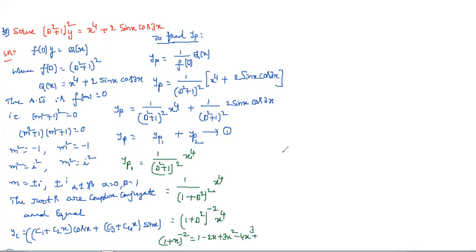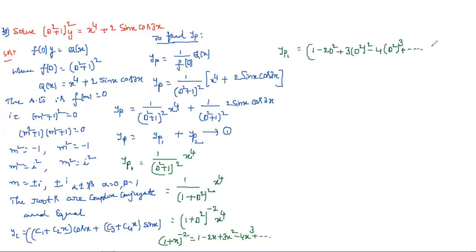In the same way, yp1 is equal to 1 minus 2 into D square, plus 3 into (D square) whole square, next minus 4 into (D square) whole cube. Is it necessary to take the remaining terms? No need, because here we have D square. If it were D, then you would need to go for the next term also.